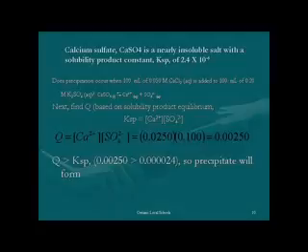And when we do, we get a Q value, a reaction quotient of 0.00250. We take this value of Q and compare it to KSP, and what we find is 0.00250, the value for Q, is 2 orders of magnitude bigger than the KSP value, which is 0.000024. So a precipitate will form.